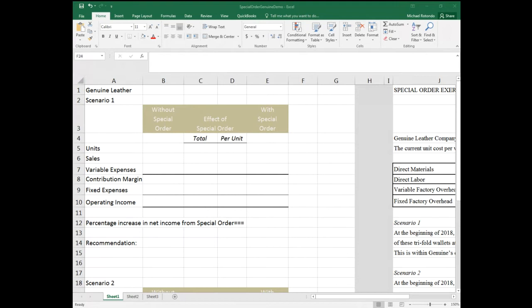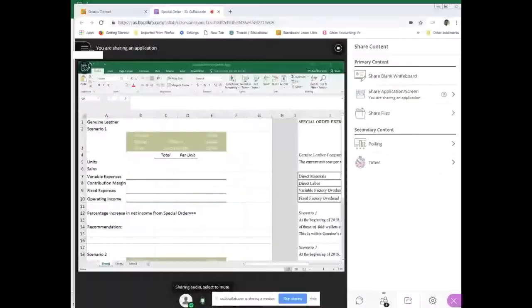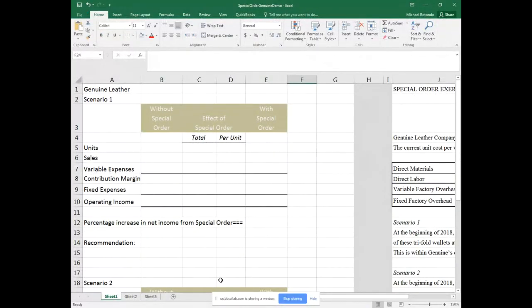One example of this is the special order worksheet. When considering a special order, we not only have the numbers to look at, but we also have to look at what the quantitative and the qualitative aspects of the effect on our business might be.